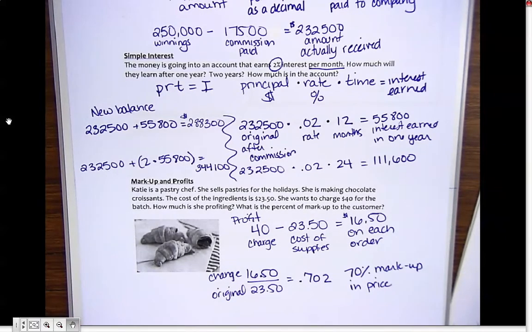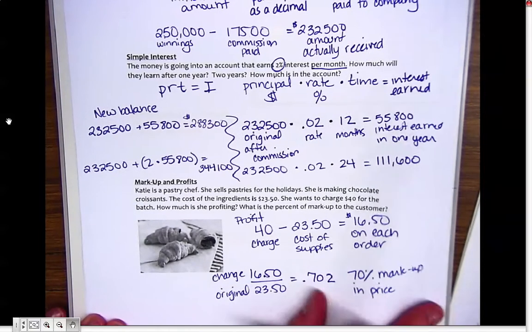And we can kind of tell that because we can see that this $40 that she's charging is not quite double the cost to her. If it was double, then that would be 100% markup. Let's look at the next one.